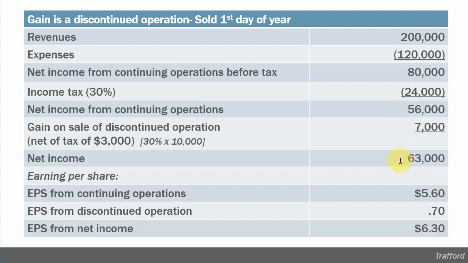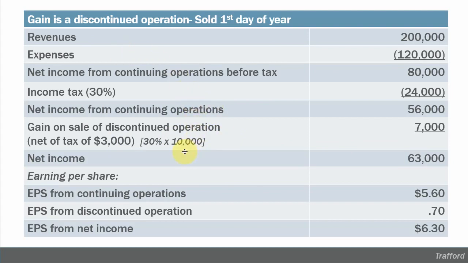Notice that we have total tax expense here of $24,000 plus $3,000, or $27,000, and that's the same thing that we saw on the previous income statement. So here we've properly reported discontinued operations in its own separate section of the income statement, and we've done the tax computation for each section as required.